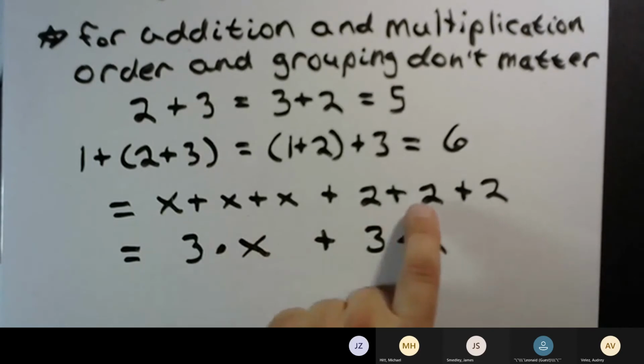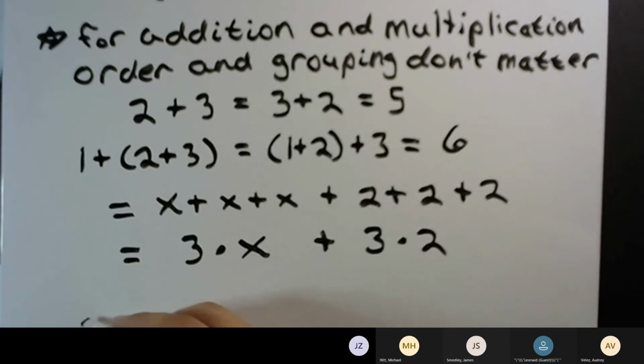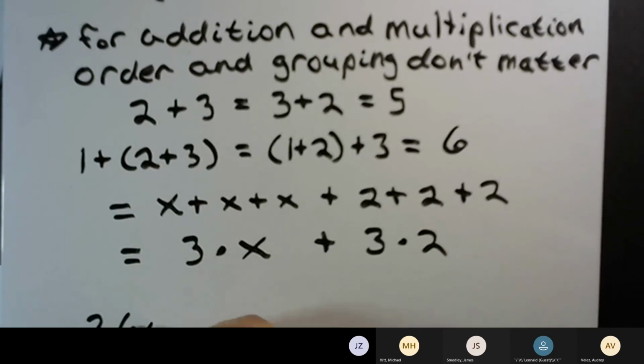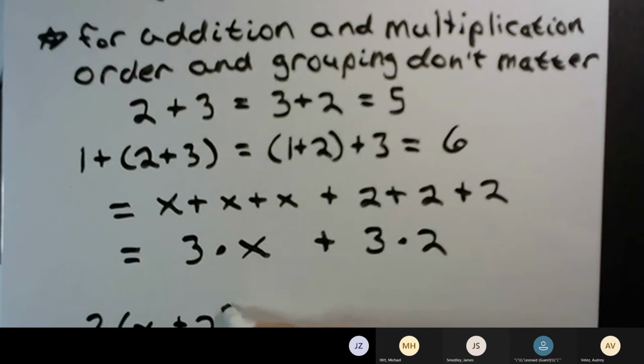We get this and this, which is this and this. I bet that's kind of a lot of work. But ultimately, this is what we discovered. 3 times x plus 2 is 3 times x plus 3 times 2.